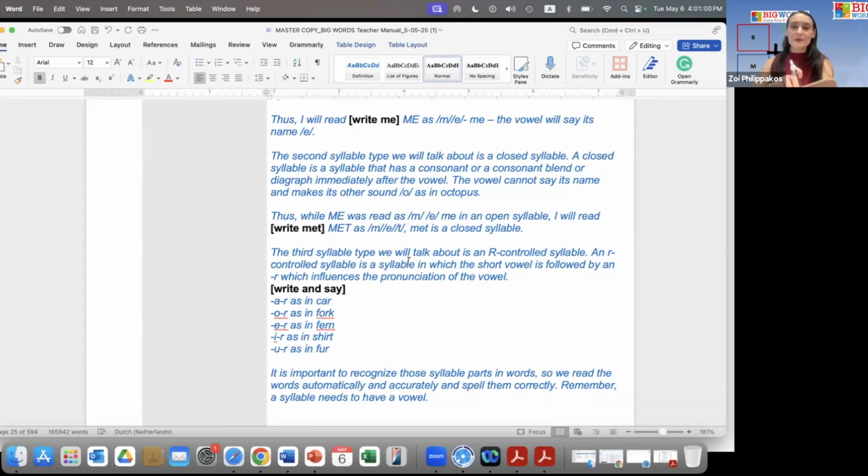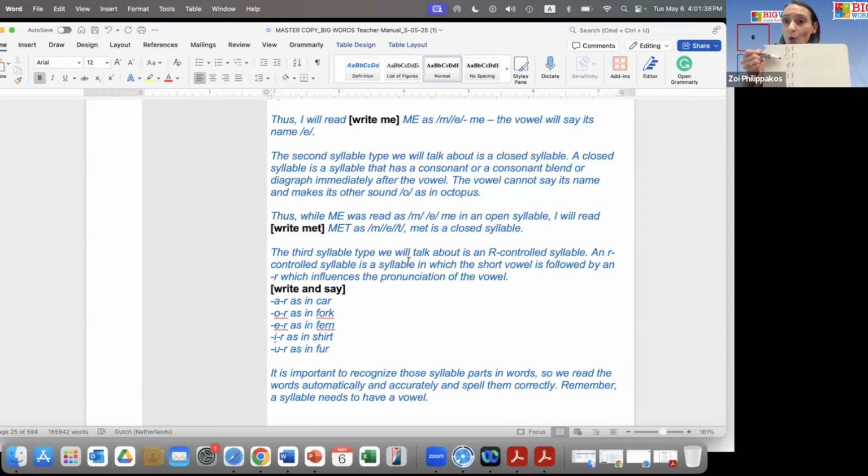The third syllable type that we will talk about is an R-controlled syllable. An R-controlled syllable is a syllable in which the vowel is followed by the R, which now influences the pronunciation of the vowel. So I have A-R, R as in car, O-R, or as in fork, E-R, as in fern, I-R, as in shirt, U-R, as in fur.